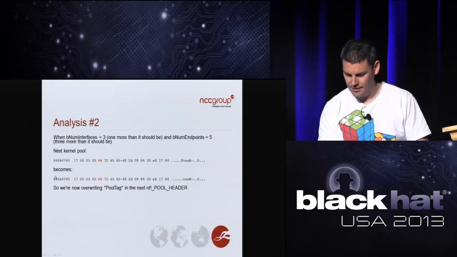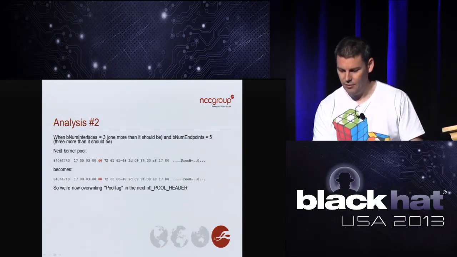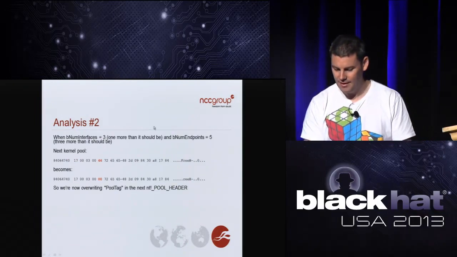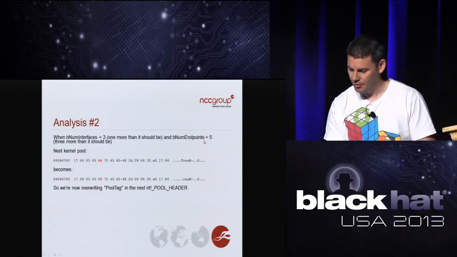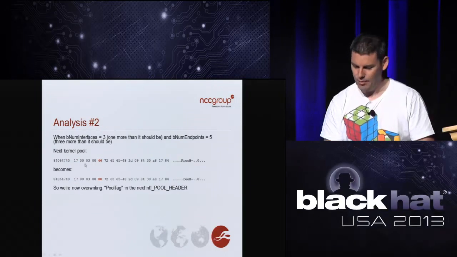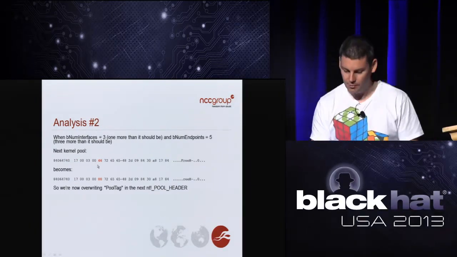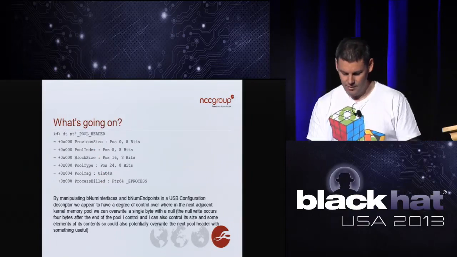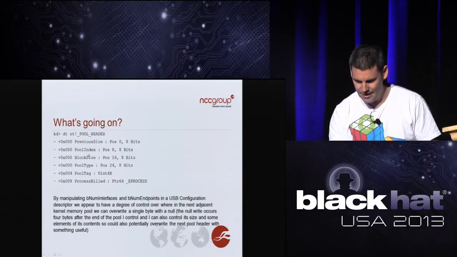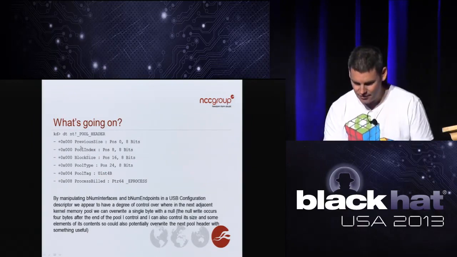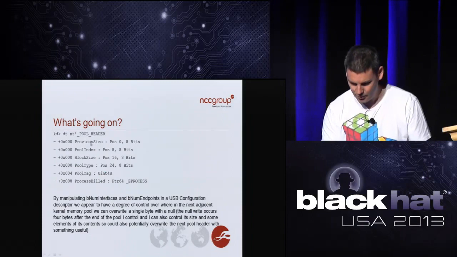Furthermore, notice that if you do one more than it should be with the bNumInterfaces and modify the number of endpoints value, you can actually decide where within that adjacent pool header you can overwrite with a null. So there's the structure of a pool header, and in the first example we were overwriting this previous size.